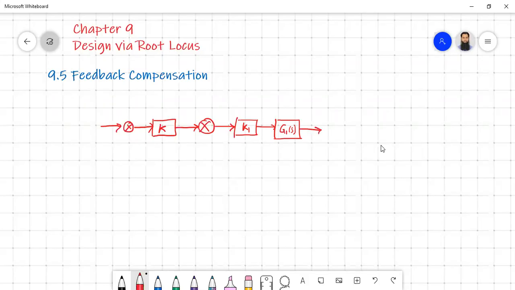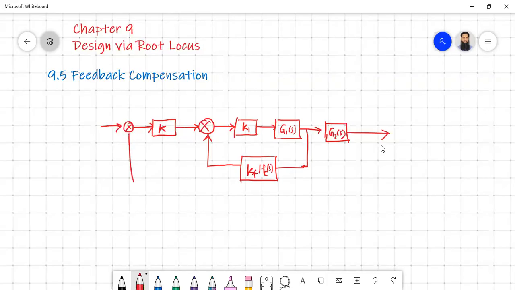Then you have maybe another gain adjustment, G2(s). In some cases you'll see some of them are not available. Then you have your feedback that is coming to the plant, which is KF HC(s), and then your overall feedback is actually unity feedback.